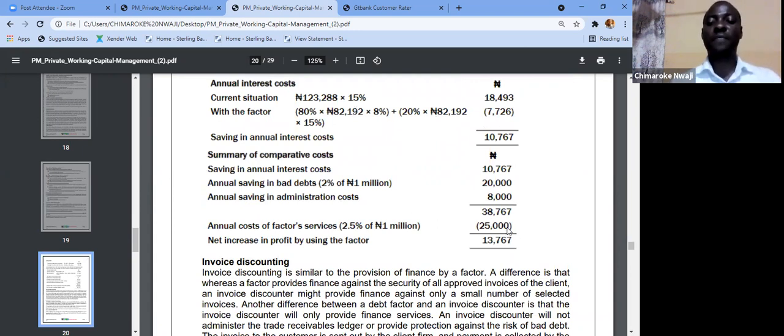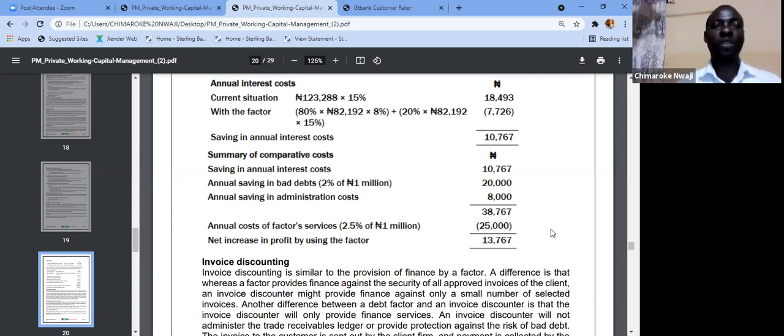So this is their fee. And if this is what you have saved, and you use it in paying them, your increase in profit will be 13,767. So that's that. Using the debt factor, they have helped you to collect your debt. They have saved you interest costs, saved you admin costs. So you pay them their fee, and your profit has now increased.